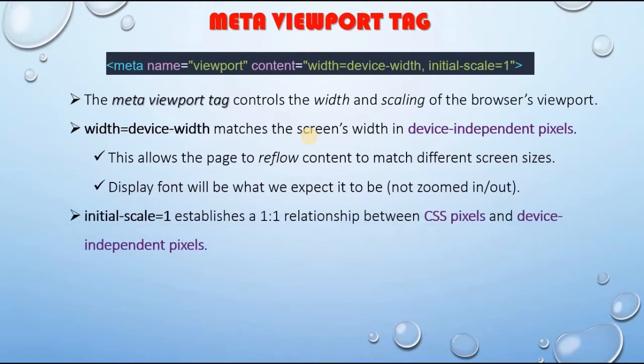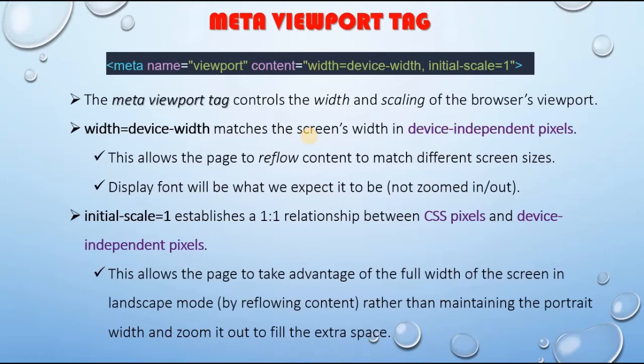The initial scale equals 1. It establishes a one-to-one relationship between CSS pixels and device independent pixels. Again, towards the end, I will speak more about what these CSS pixels and device independent pixels are.